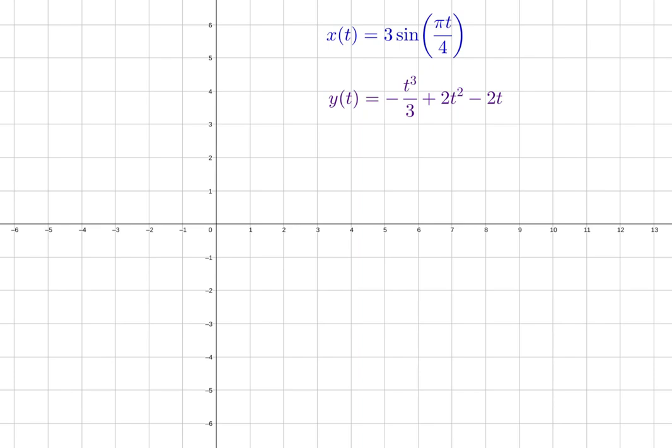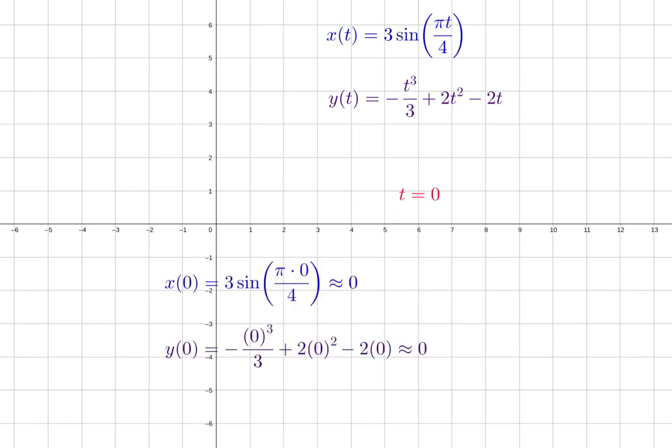So the idea here is we have two equations, one that defines x in terms of t and one that defines y in terms of t. Into those equations, we can plug a value for t. I'm going to choose a simple one to start with. Let's say we plug 0 in for t. If we plug 0 in for t in each of them, we get 0. I have approximately equal to 0 here, but it's actually exactly equal to 0 for this.